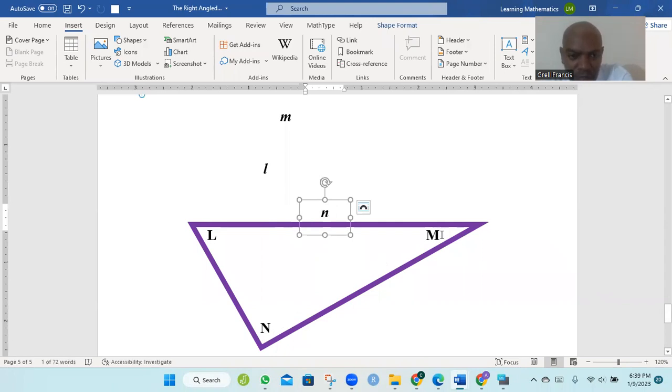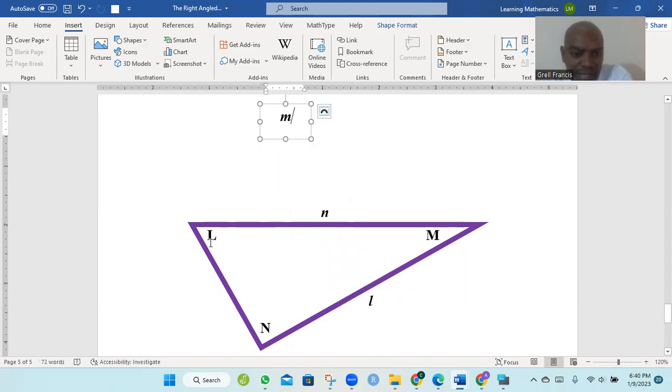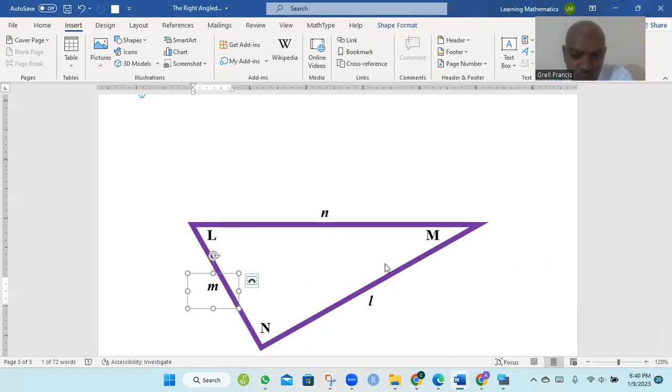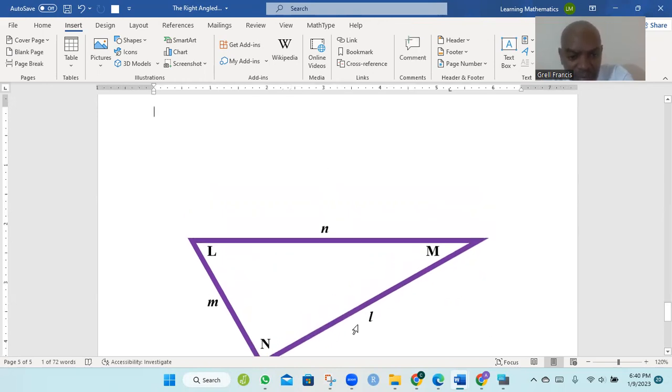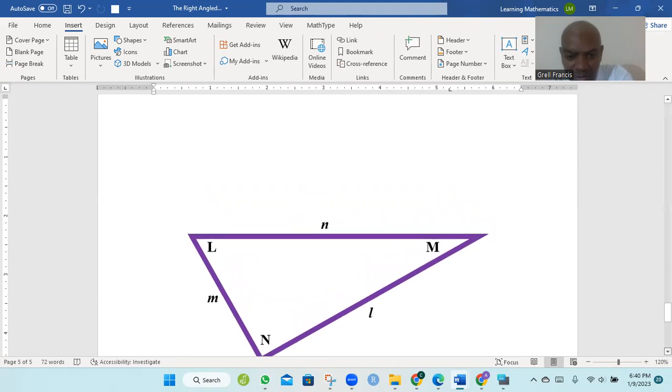How can we call it? Small l, because it is opposite to angle L. And obviously side LN is appropriately labeled small m because it is opposite to angle M. As you can see, no hypotenuse, no adjacent. It's side and opposite angle, side and opposite angle. That's the labeling for the oblique triangle.